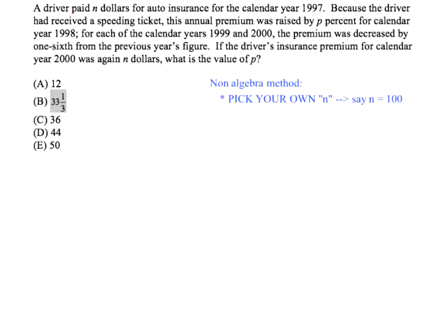So then try the answer choices. Just make sure you know you can't make up a value for p, because p has a right answer in the answer choices.